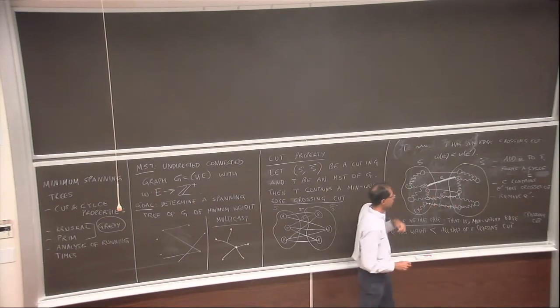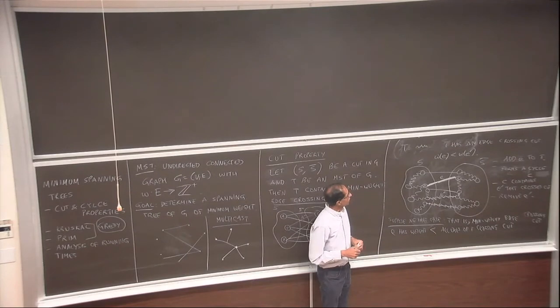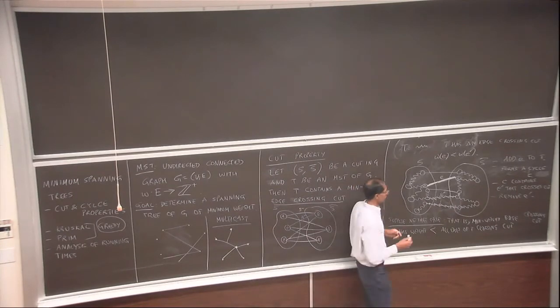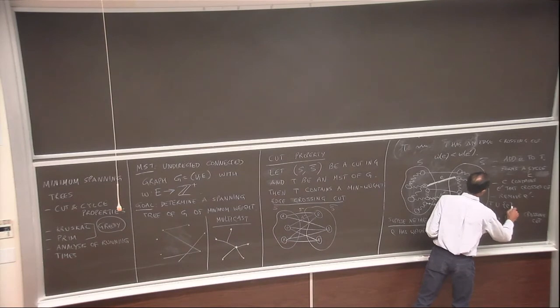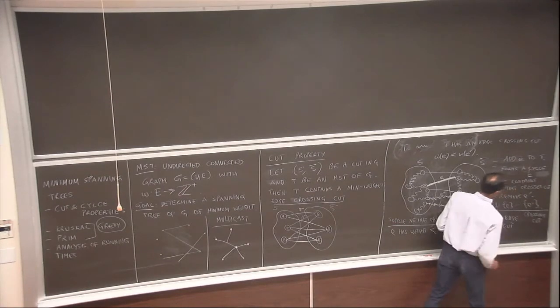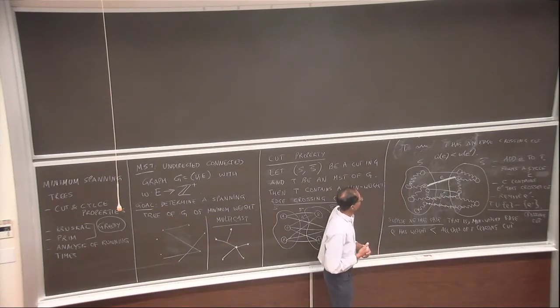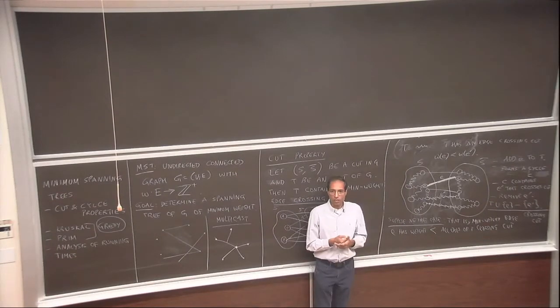Now here is the question. Is the tree still connected? So we have taken T union E, remove E prime. Is that still connected? Well, what do we have to prove to argue that it's connected?